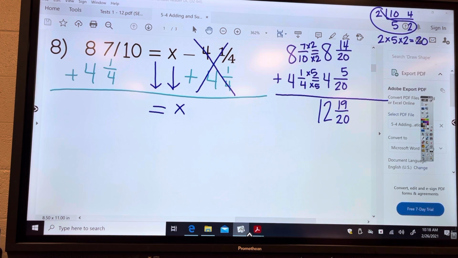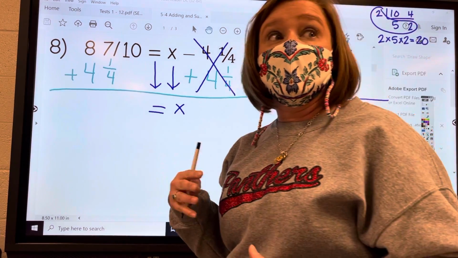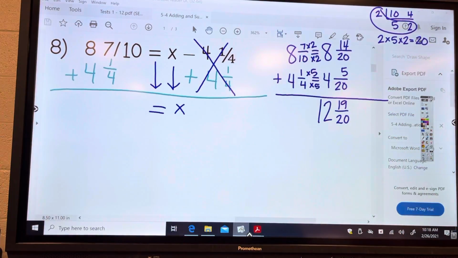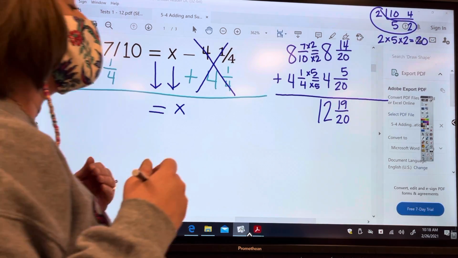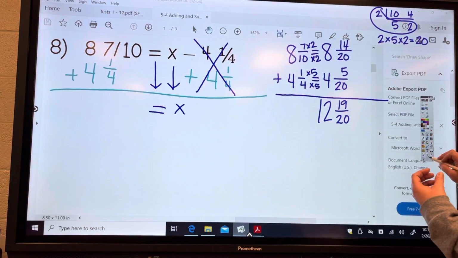Remember, we've talked about a lot in here that life does not come at you and say, I need you to solve this equation. 8 7/10 equals x minus 4 1/4. Does life come at you like that? No. You've never heard your parents talking that way, have you? Never, ever. It's always a real life, real world experience.